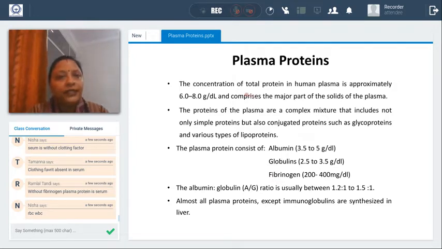So plasma proteins, the concentration of total protein in human plasma is approximately 6 to 8 gram per dl. Here, please remember the unit of total protein.